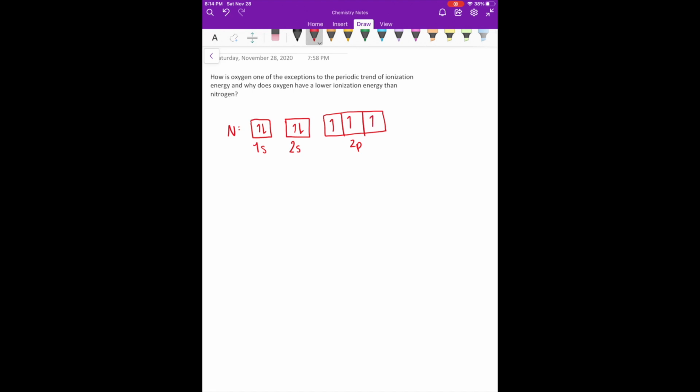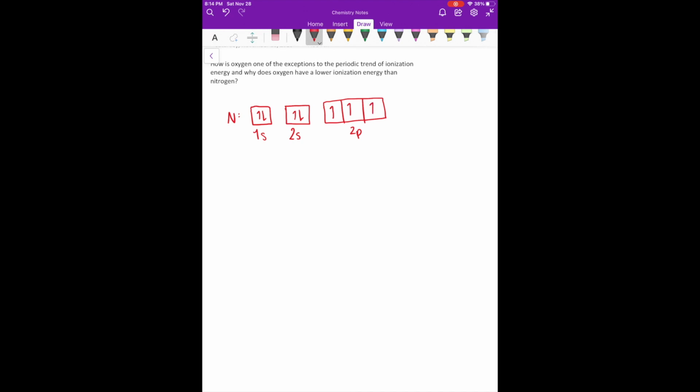The first thing that we'll do is write out the electron configuration for nitrogen before losing an electron.